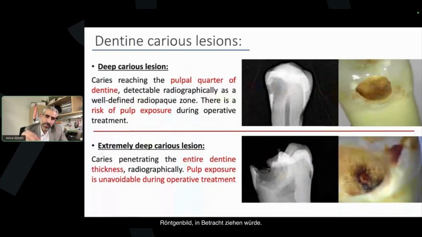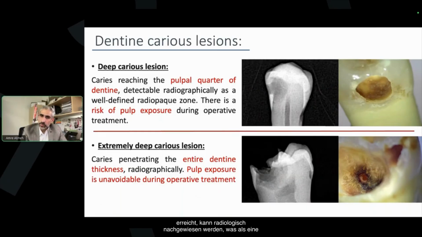And this is just to show how you would consider treatment based on the radiographic appearance. Again, radiographic appearance by its own is not supposed to be your only way to assess your treatment plan or even diagnosis, so you should combine it with the other findings. But according to the European Society of Endodontics, they differentiate between two levels of caries.